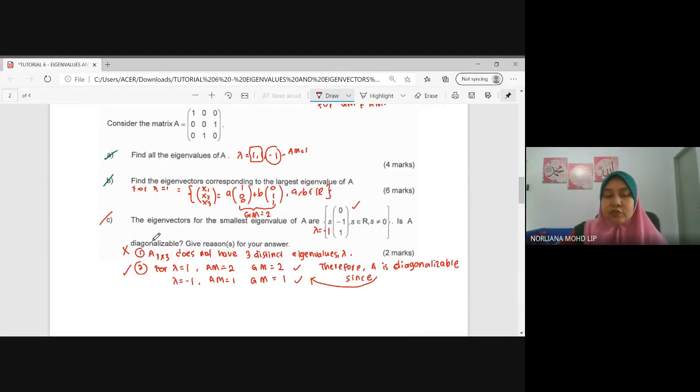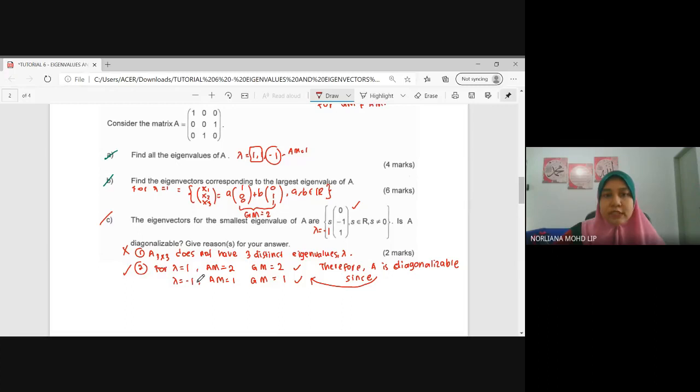Yang first condition kita boleh guna lah reason dia kan. A is not diagonalizable, sebab matrix A does not have 3 distinct eigenvalues. Sebab kat sini dia ada 2 je, 2 distinct eigenvalues, 1 and negative 1. So kita tak boleh gunakan yang ni, and kita kena prove the second condition lah.